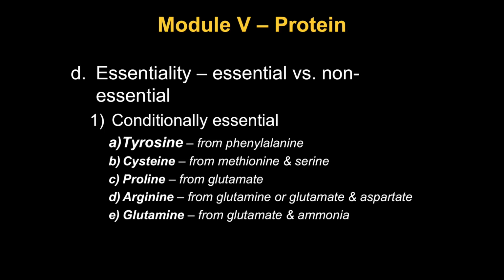Conditionally essential just means that there may be a disease state or some sort of disorder that makes a particular amino acid essential when in a normal, healthy person, you wouldn't have that amino acid be essential. So you wouldn't have to ingest that particular amino acid. We could actually produce it. But there are conditions, diseases, disorders, etc., that would force that particular amino acid to become now essential.